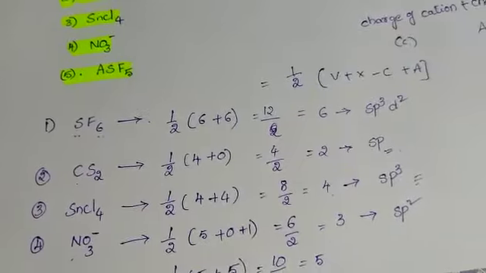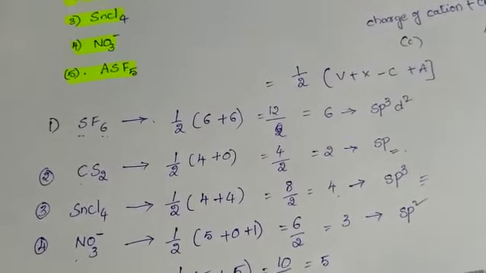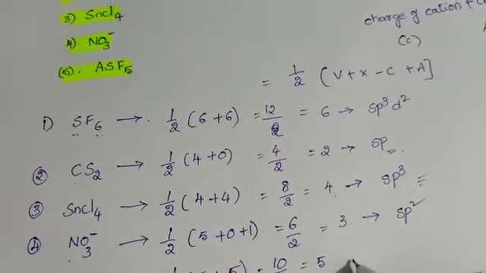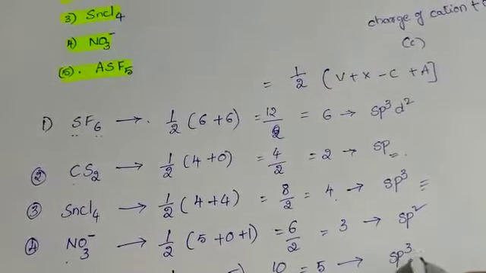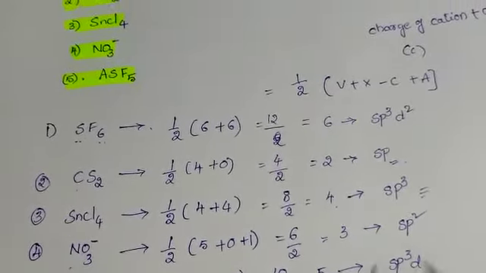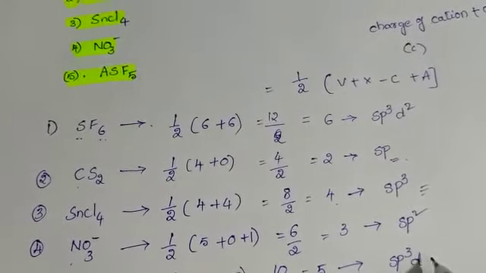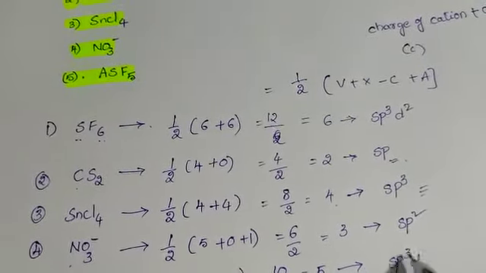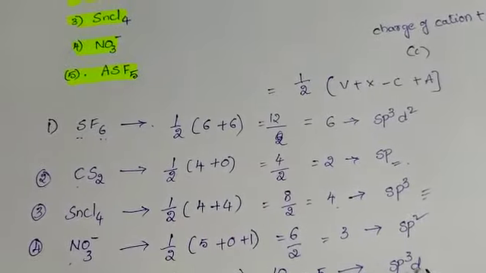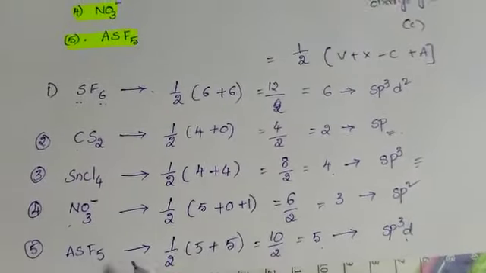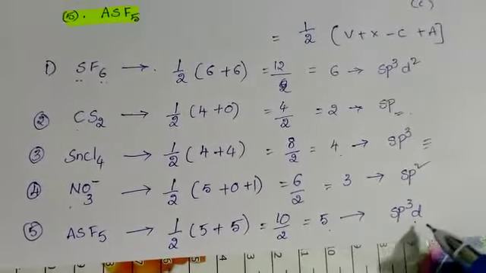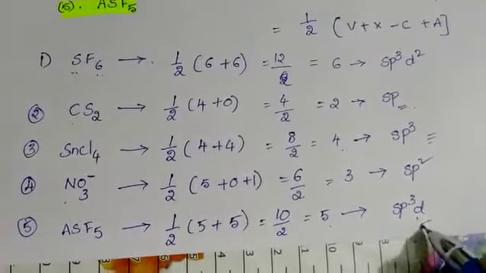So AsF5 has hybridization value 5, so it undergoes sp3d hybridization, where 1 s orbital, 3 p orbitals and 1 d orbital, 5 orbitals in total, overlap to give sp3d hybridization.